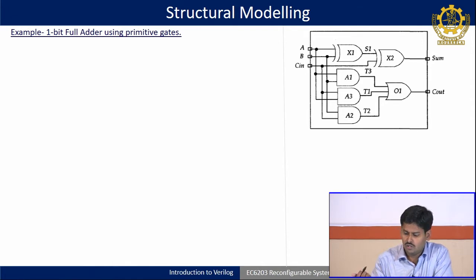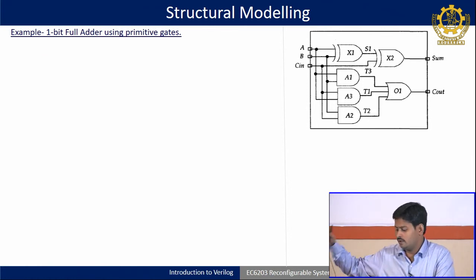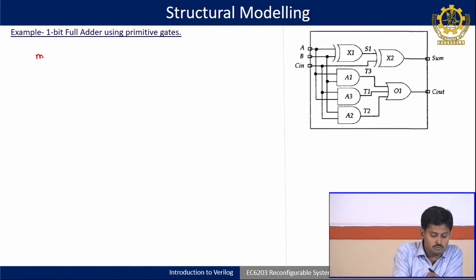Okay. So now as the name indicates, it is a 1-bit full adder using primitive gates. So you have to start with a module. Inside that you have to write all the names like A, B, C in, comma, sum and cout.